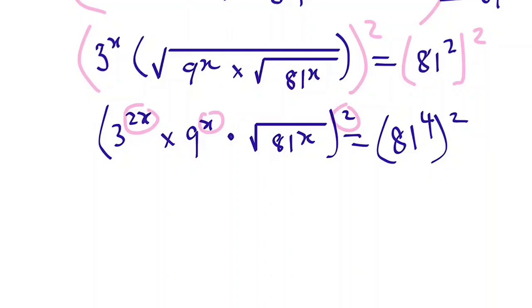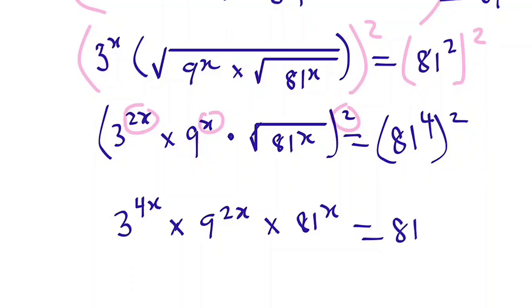So we're going to have 2x times 2, which is 4x, then times 9 to the power of 2x, and the square will affect this one here, multiplied by 81 to the power of x, then equals 81 to the power of 4 times 2, which gives us 8. We're going to have 81 to the power of 8.